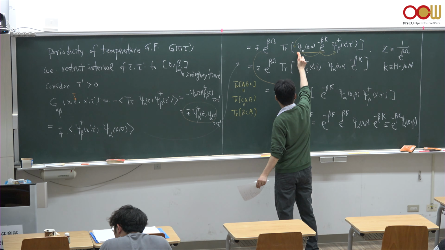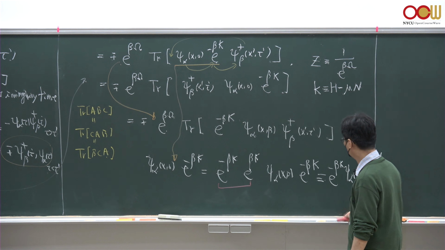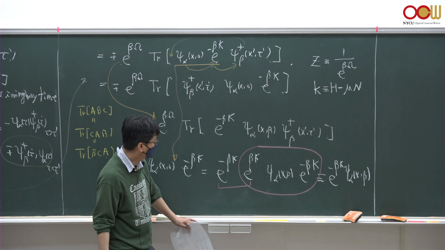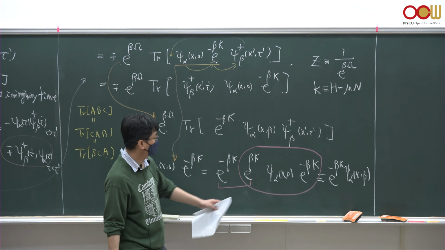The power of this insertion is that you could combine these three operators over here, and by definition, this is nothing but the Heisenberg operator at x and beta, because this is nothing but the imaginary time evolution of your Heisenberg operator.